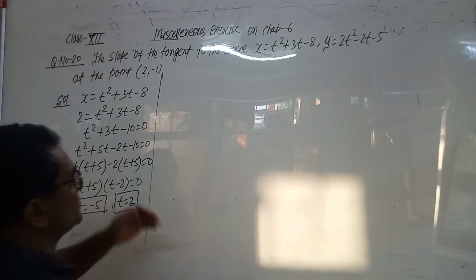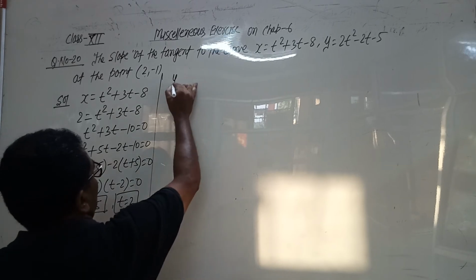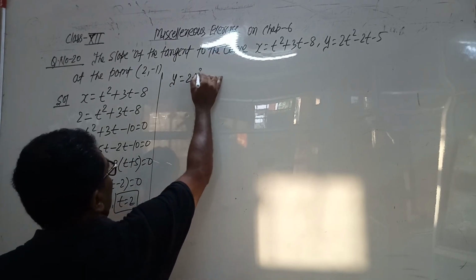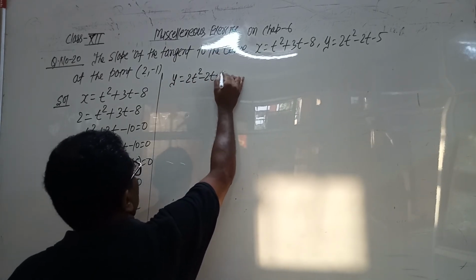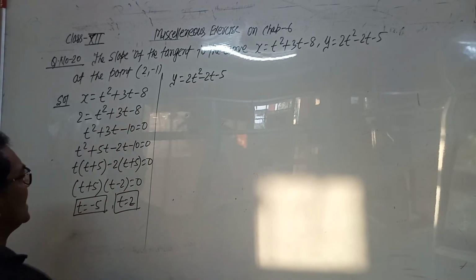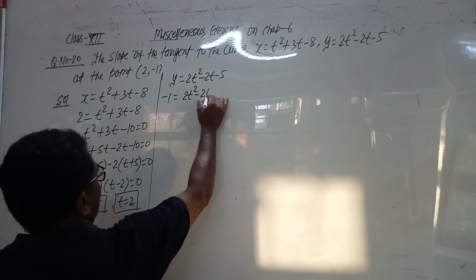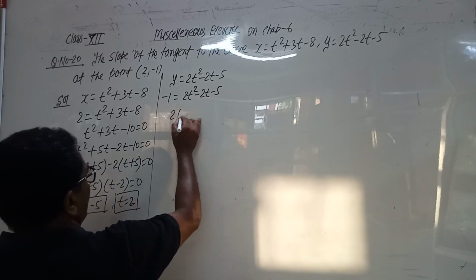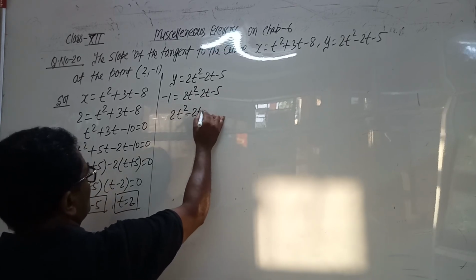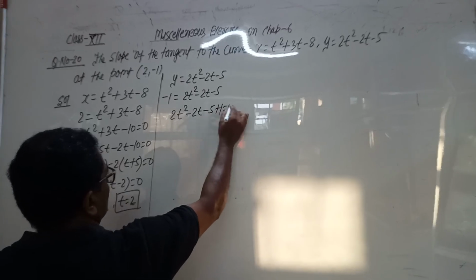Then the next expression is y equals 2t square minus 2t minus 5, and the value of y is minus 1. So minus 1 equals 2t square minus 2t minus 5, and 2t square minus 2t minus 5 plus 1 equals 0.